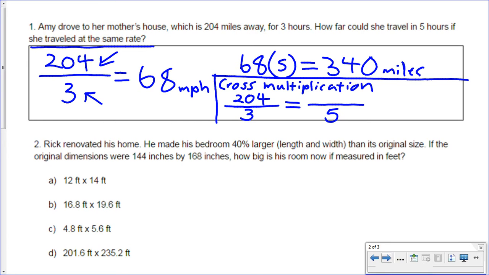So we know that there is some number of miles that can be traveled in 5 hours, and when we write it as a proportion of miles traveled x to hours traveled 5, we know that proportion will be the same as 204 miles to 3 hours. Now, once we have this equation set up, we can do something called cross multiplication to set up a new equation, and then we can solve for the variable.